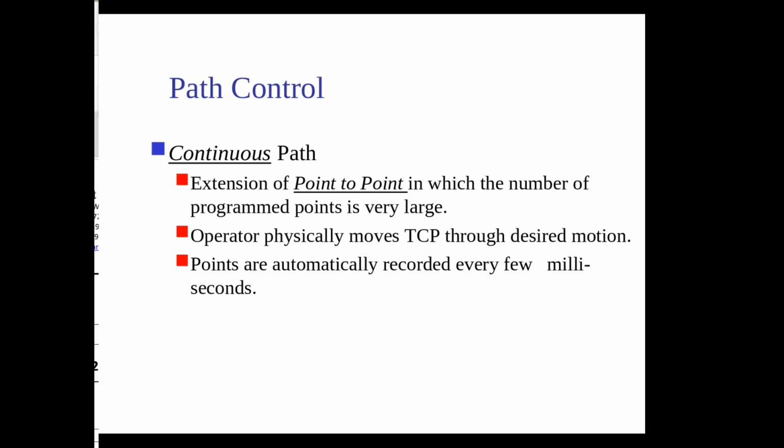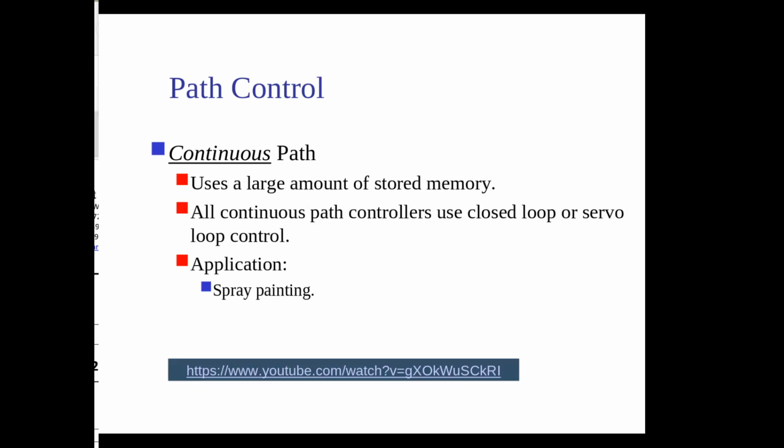Every few seconds, or maybe even milliseconds, you would have to have it moving to a separate point. The downside of continuous path is that it uses a lot of memory, because you're storing lots and lots of points.